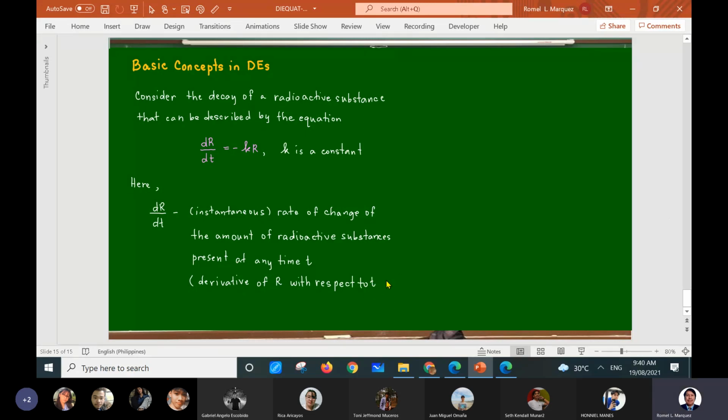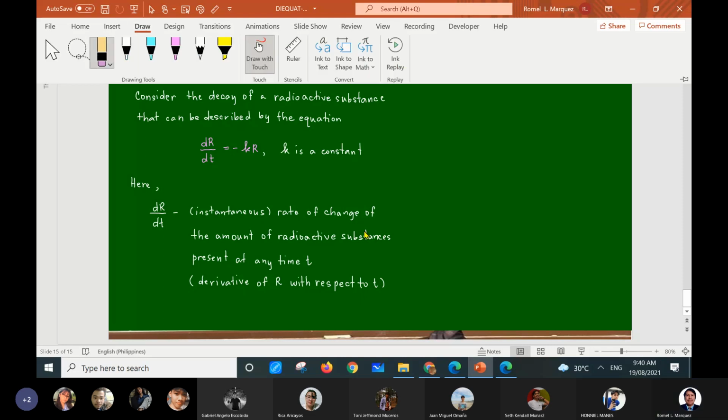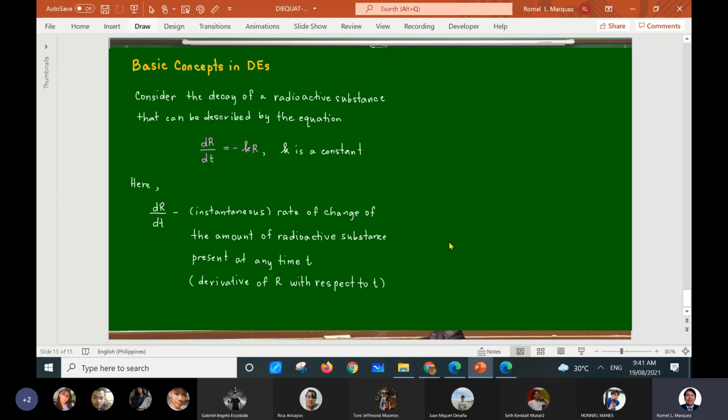So that's what we mean by the derivative of R with respect to t. Physical interpretation: the rate of change of the amount of radioactive substance present at any time t. So again, those radioactive substances that you had in your chemistry, perhaps you heard of them: radium, titanium, plutonium. So these are just some, no?